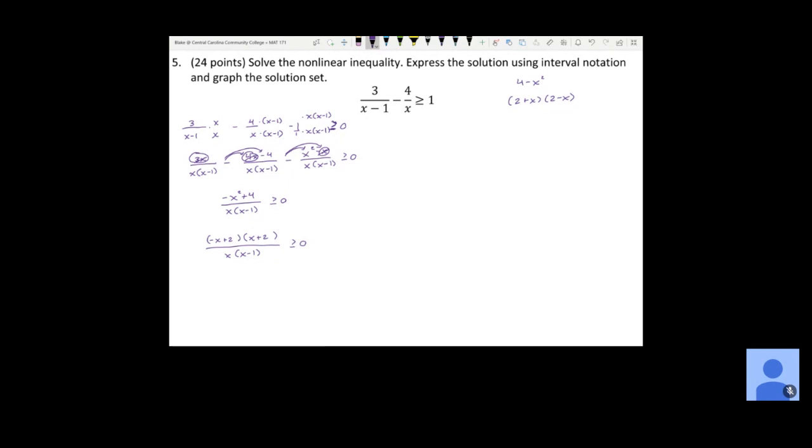But we're also going to set what equal to 0? Okay, so that's the x, right? That's one of the factors in the denominator. Okay, but what else do we have to set equal to 0 here? The numerator factors also, right? So basically, anytime you end up with something rational like this, you're going to set every single factor equal to 0. So I'm going to take my negative x plus 2, and set it equal to 0. My x plus 2, set it equal to 0. X is going to equal 0, and the x minus 1 equals 0.